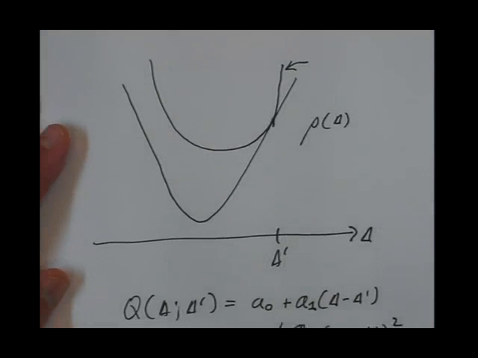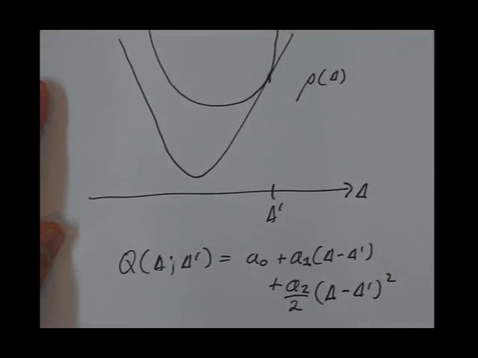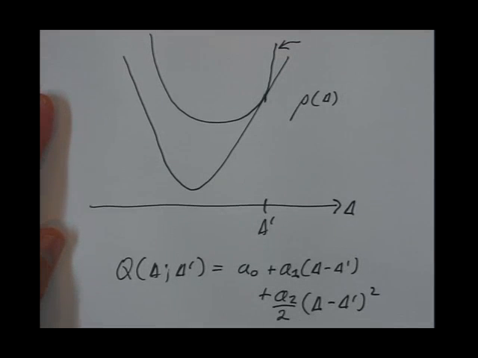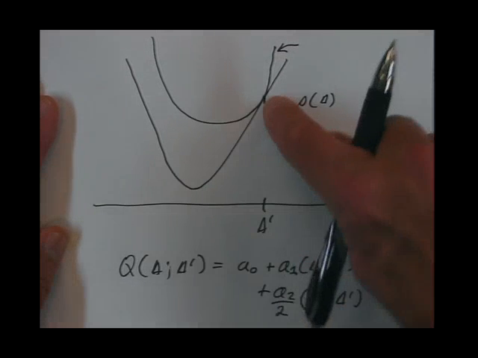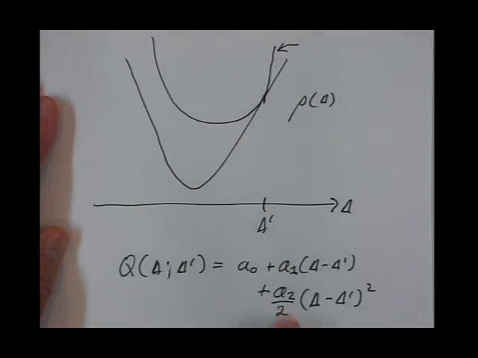So it's like a Taylor series expansion about this point. So now the question is how I pick these coefficients.